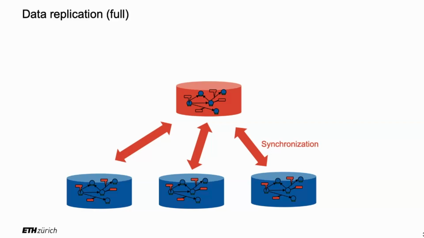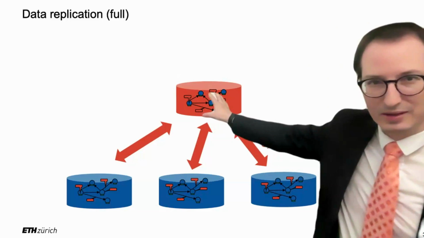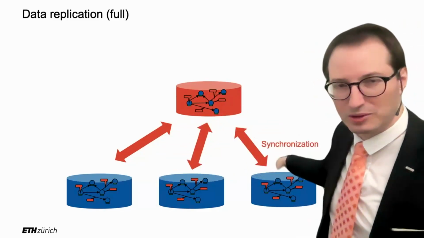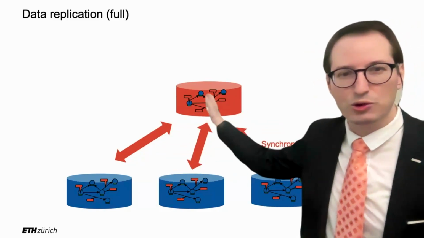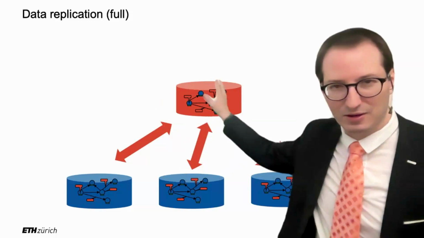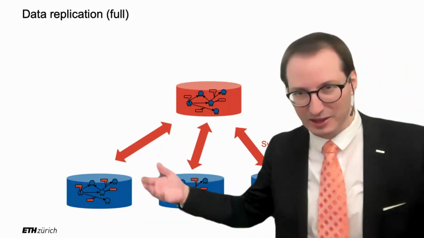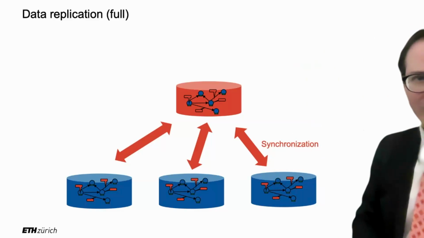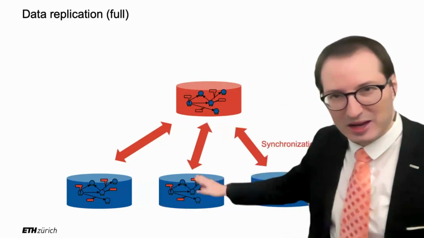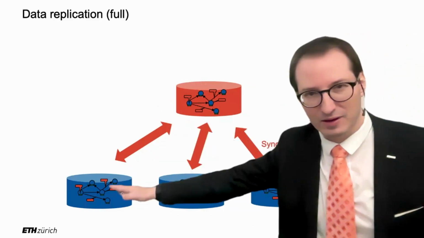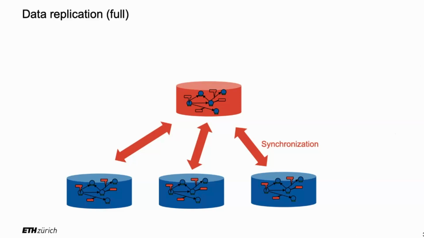For writing, you have a mode where people are only allowed to update this database right here, and then it propagates to the other ones. But then at some point, they also made it possible to write all over the place. But then the CAP theorem kicks in, with all the difficulties that have to do with that. So similar to MongoDB, we replicate the same data on multiple machines.